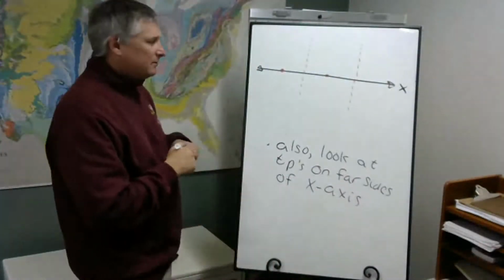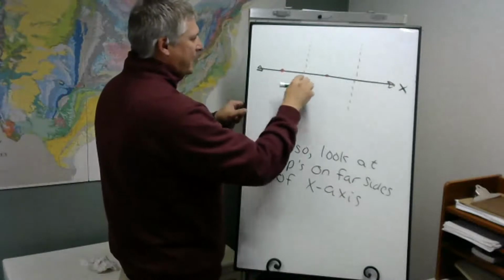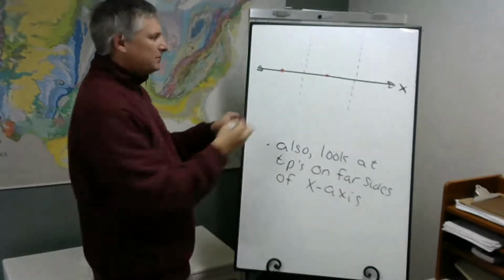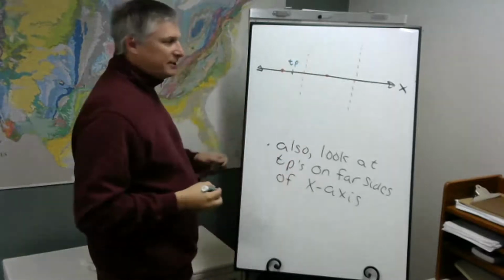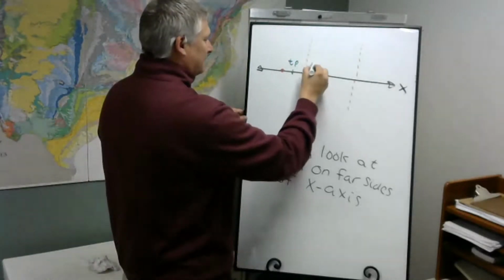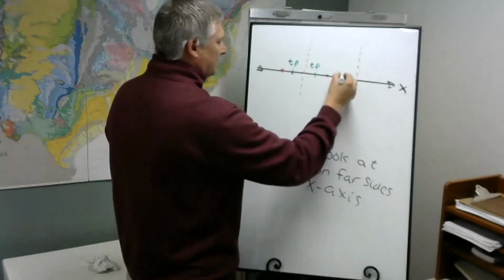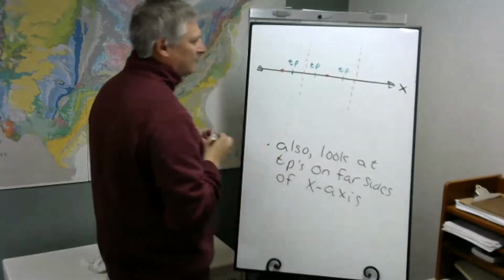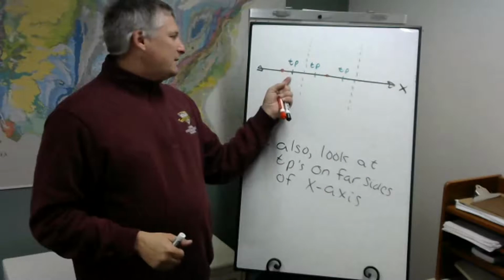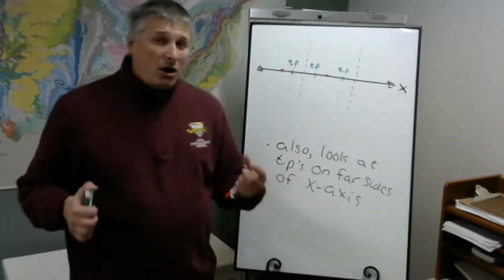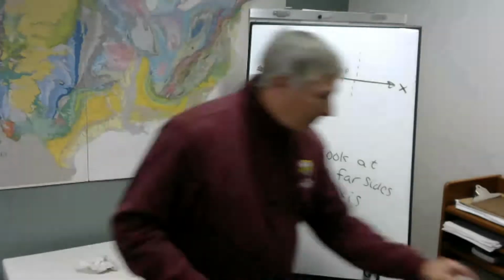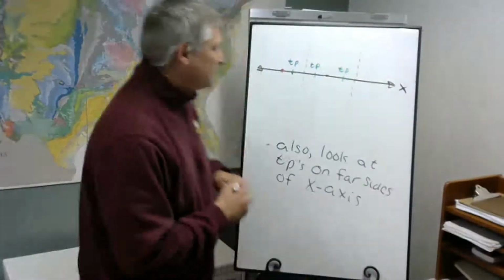What we're going to typically do is between the x-intercepts and the vertical asymptotes, we'll look for a TP. So we'll look for TPs between intercepts and asymptotes. We'll also look for TPs on the far sides of the x-axis.